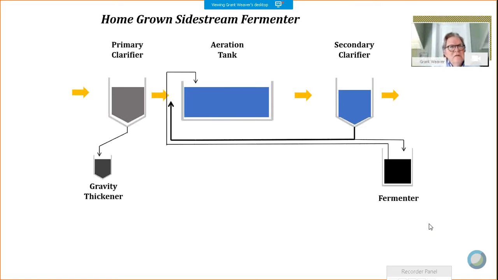A rule of thumb I like to use is 10% of whatever your daily waste is. So if you're wasting, just to pick a number, 1,000 gallons a day, because I can do this in my head, then you want to return 1/10 of that, so 100 gallons a day back into the aeration tank. And that should be enough to drive phosphorus removal.